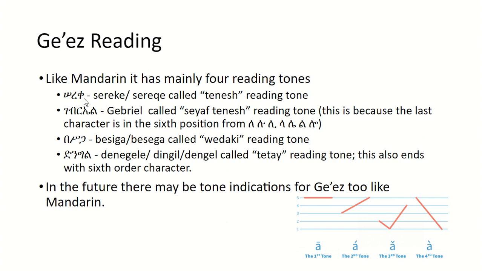Saraka, this is the first. And Gabriel is a 6th position from here. We nominate them as having different tones, and this is another tone.